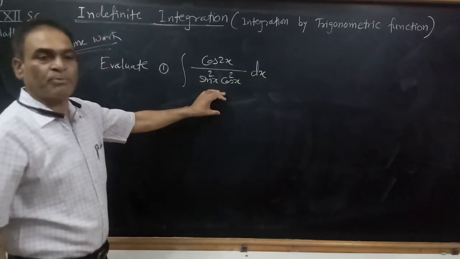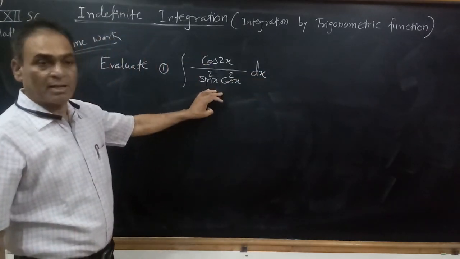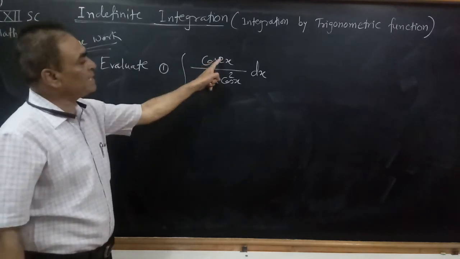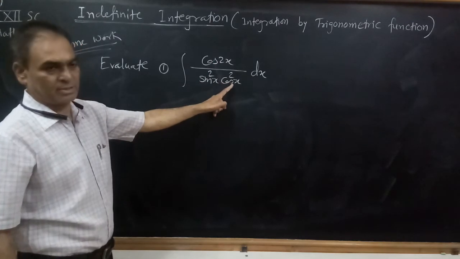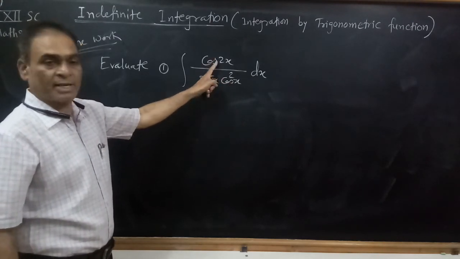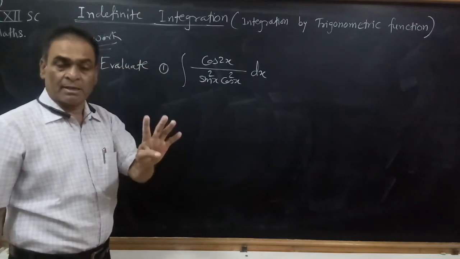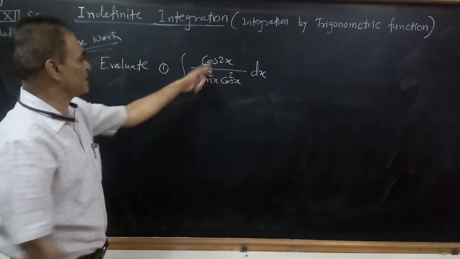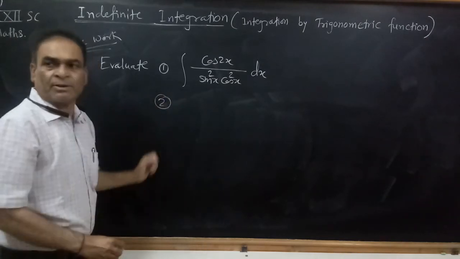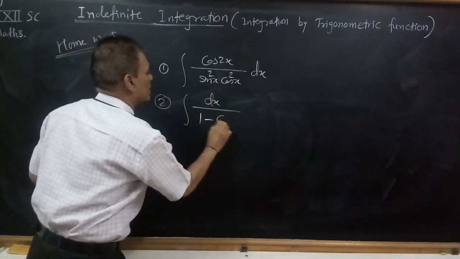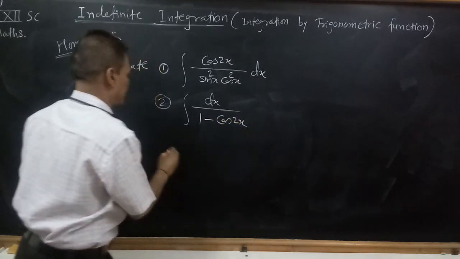It is one of the important and simple questions. Similar question: just solve integration of 1 divided by sin square x into cos square x. Here cos 2x. There are 4 formulas for cos 2x. Apply the first formula and simplify. Second question, integration of dx divided by 1 minus cos 2x.